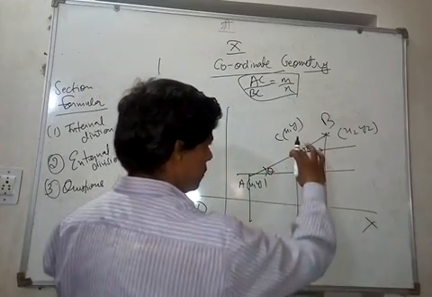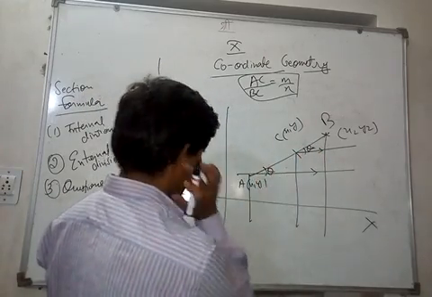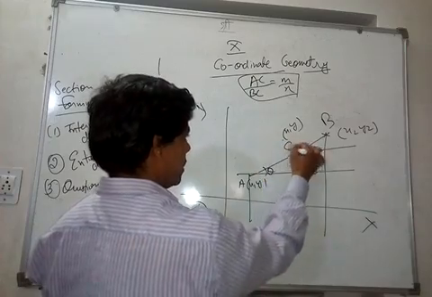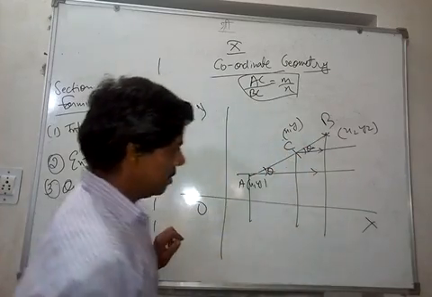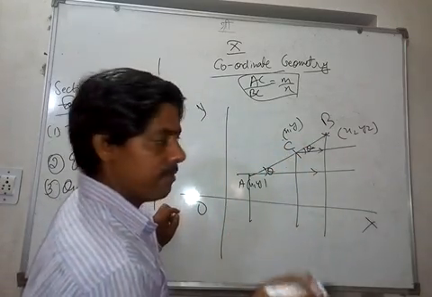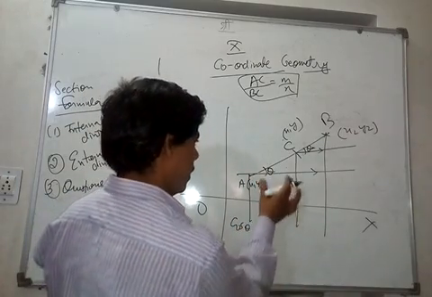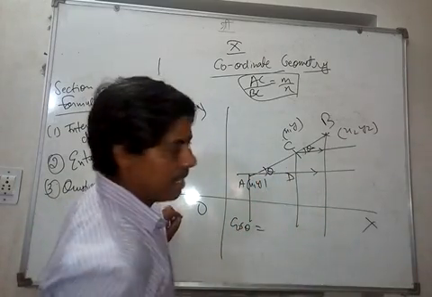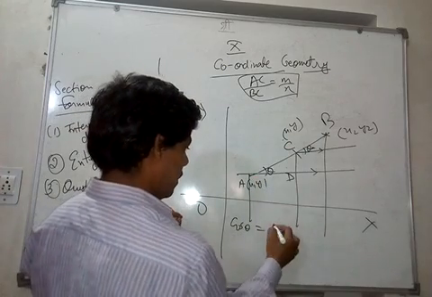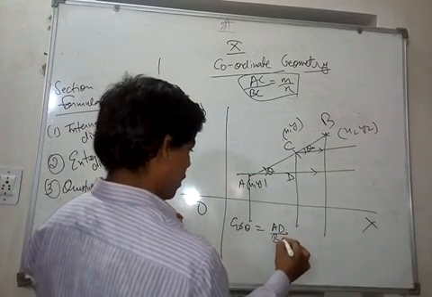Now let's find this. We need to find first in this diagram AC, and in this diagram BC. So I will take either sin theta or cos theta. If I take cos theta, suppose this point is D, so we will get AD upon AC.